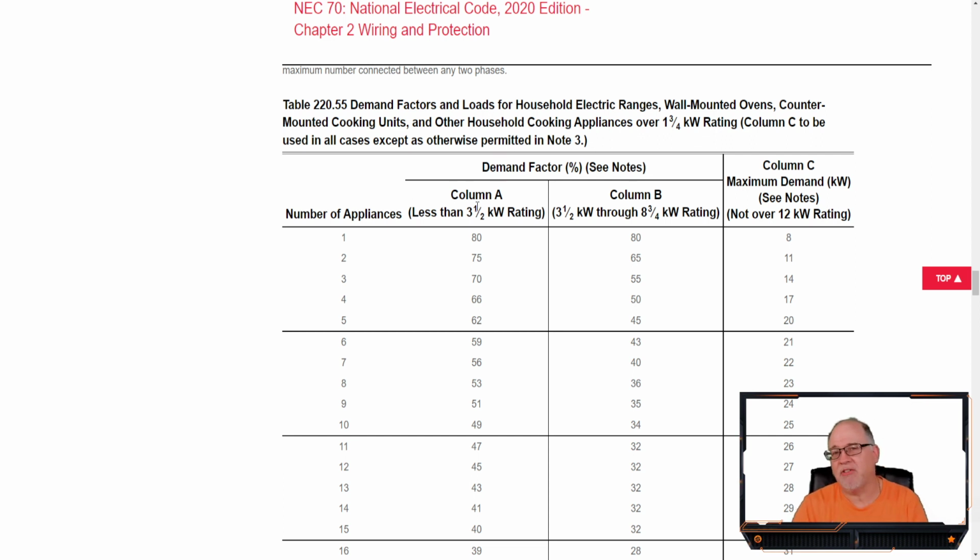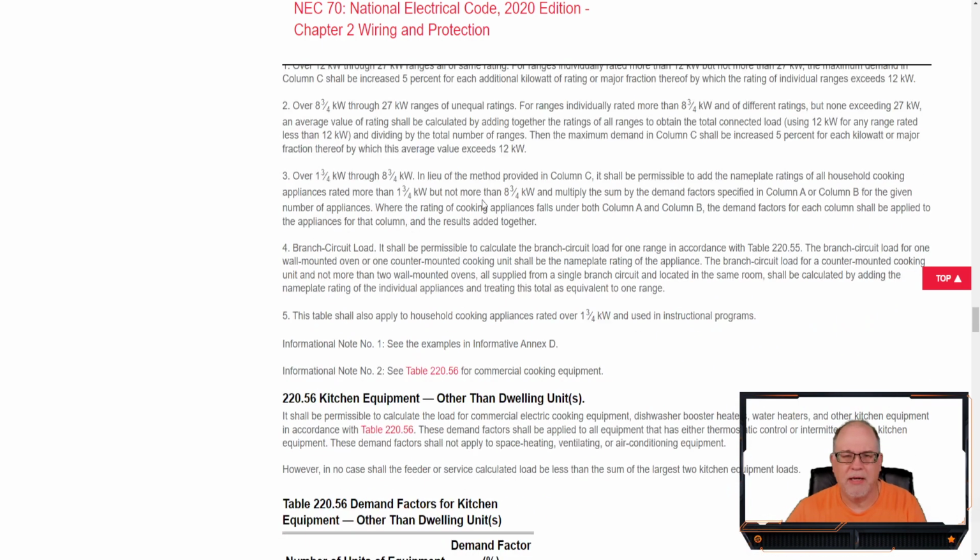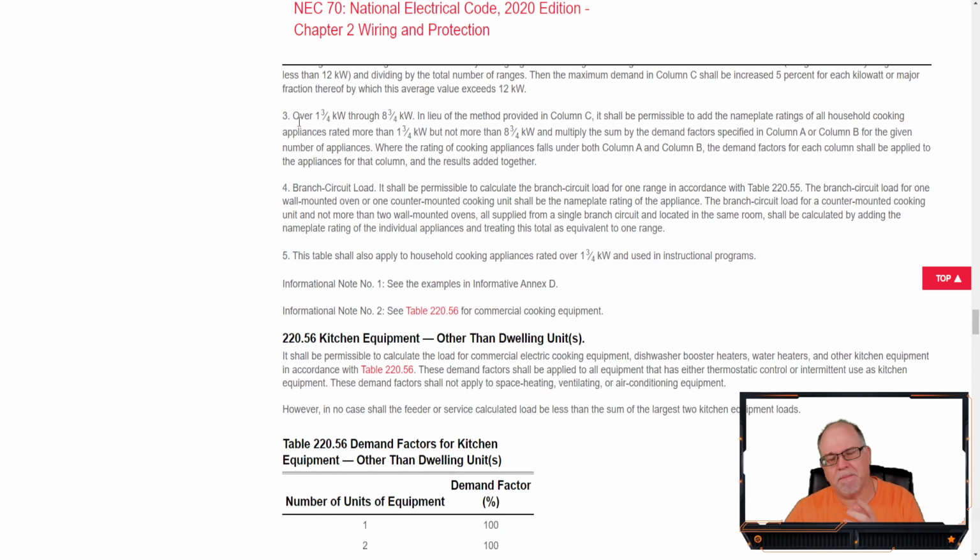Now, for our case, you looked at our question earlier, we're not going to be using Note 3. But while we're here, we might as well look at Note 3. And Note 3 says, well, if your cooking appliances are over 1 3/4 kW through 8 3/4, which ours are all over this anyway, then in lieu of the method provided in Column C, which remember, it said you always go to C unless you're permitted by Note 3.